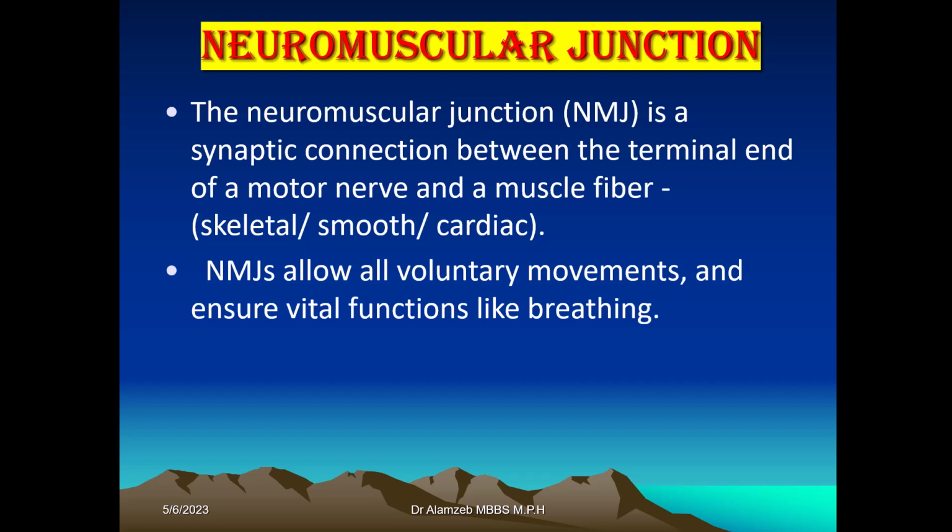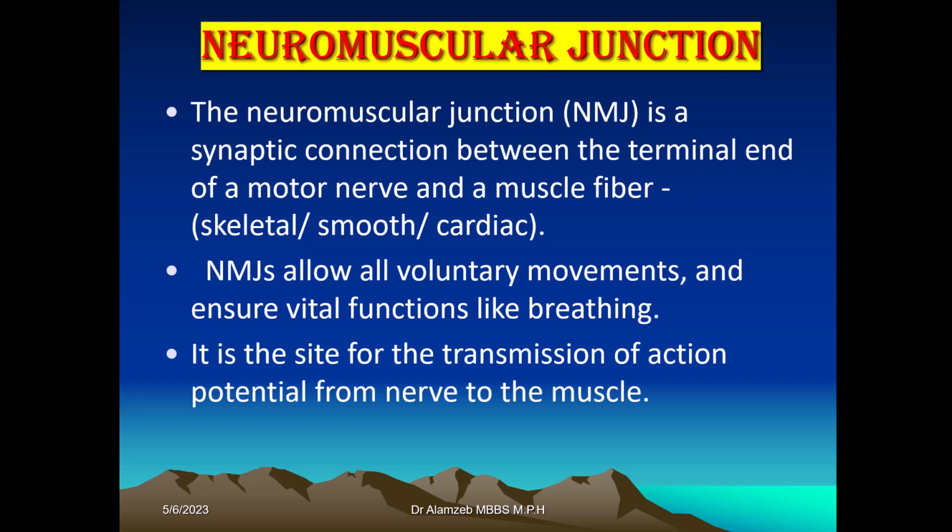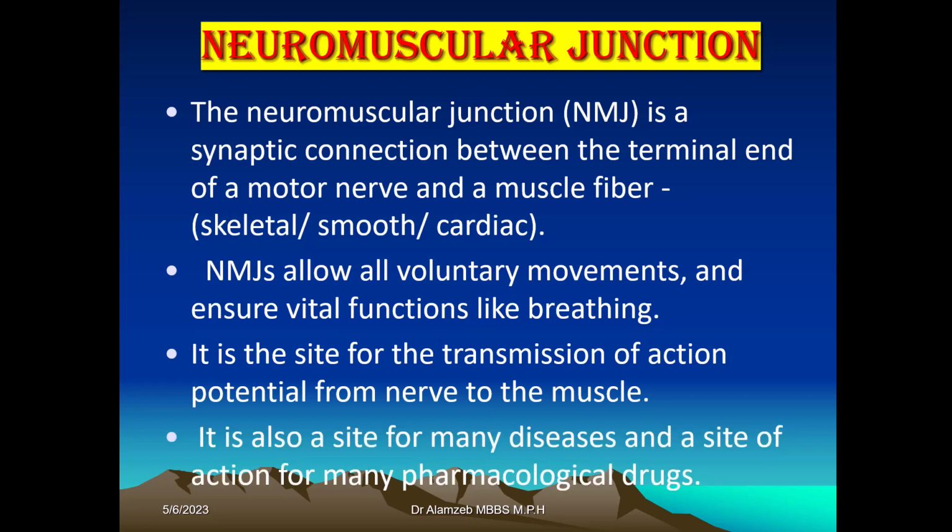Neuromuscular junctions allow all voluntary movement and ensure vital functions like breathing. It is the site for the transmission of action potential from nerve to muscle, and it is also a site for many diseases and a site of action for many pharmacological drugs.